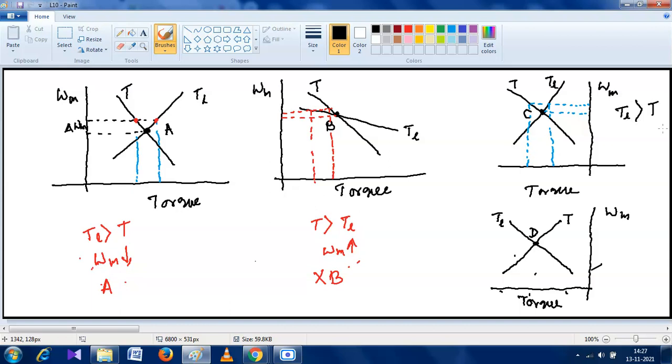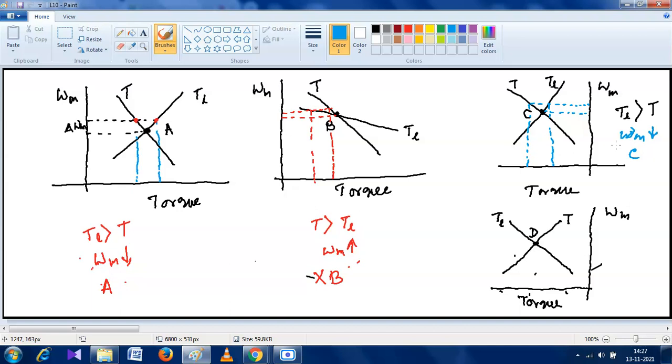The speed will decrease, and the system goes back to the C point. Stable. Now omega m decreases and goes to C.